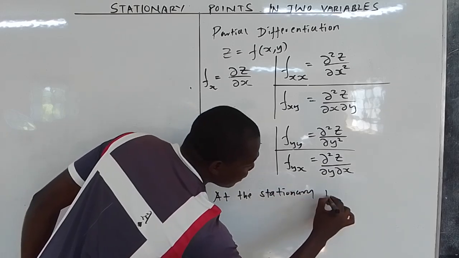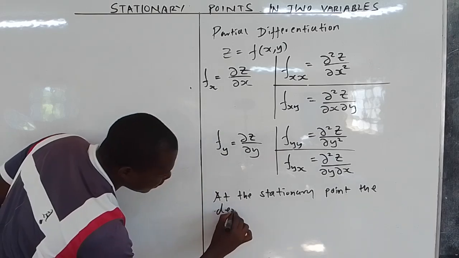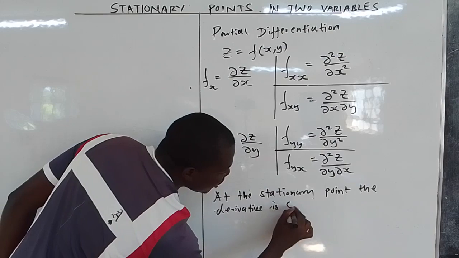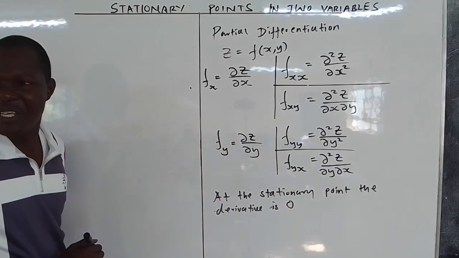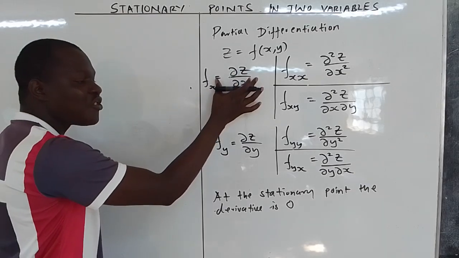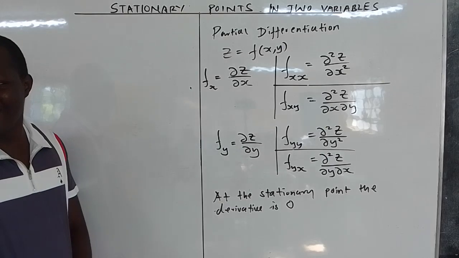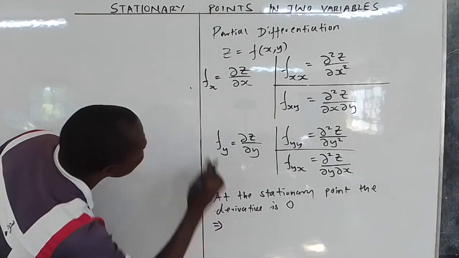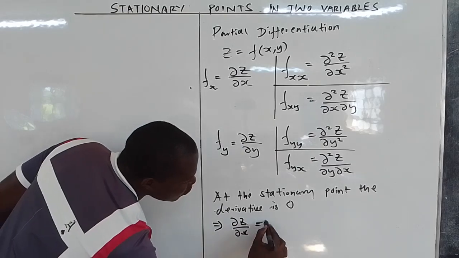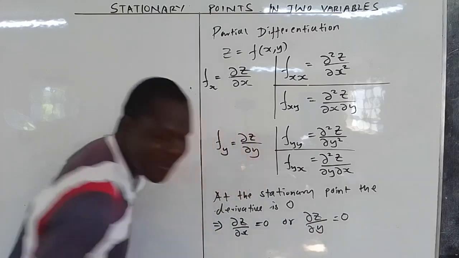So write that at the stationary point, the derivative is 0, isn't it? So if the derivative is 0, at the stationary point, it simply implies either this is 0 or this is 0, because there are 2 partial derivatives. So that implies that either partial z over partial x is equal to 0, or partial z over partial y is equal to 0.